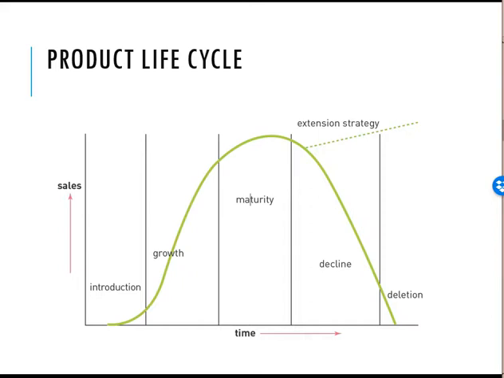If you think about Coca-Cola, carbonated cola drinks would be the product category, and Coca-Cola, Pepsi, etc. would be the brands within this category. Those would be in the maturity stage of the life cycle, although some might say that sodas are on the decline. But most of the grocery products that we buy on a daily or weekly basis are actually maturity products.